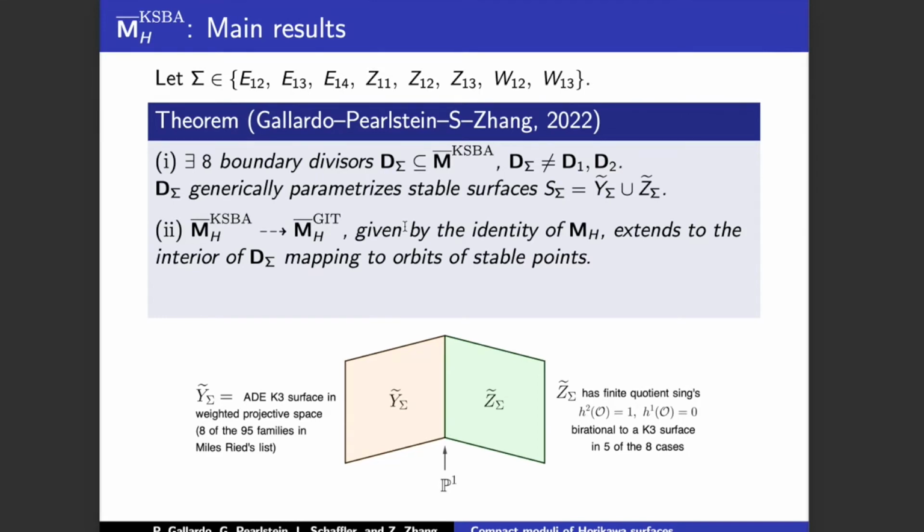It turns out that this rational map extends to the interior of those boundary divisors, the sigma. So you can define it on a dense open subset of each one of those, mapping points in the interior of those boundary divisors to orbits of stable points in the GIT.